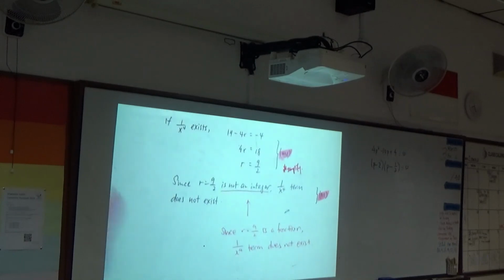Now I am a little bit cautious about this statement, telling me that r equals to 9 over 2 is a fraction, therefore the term does not exist.